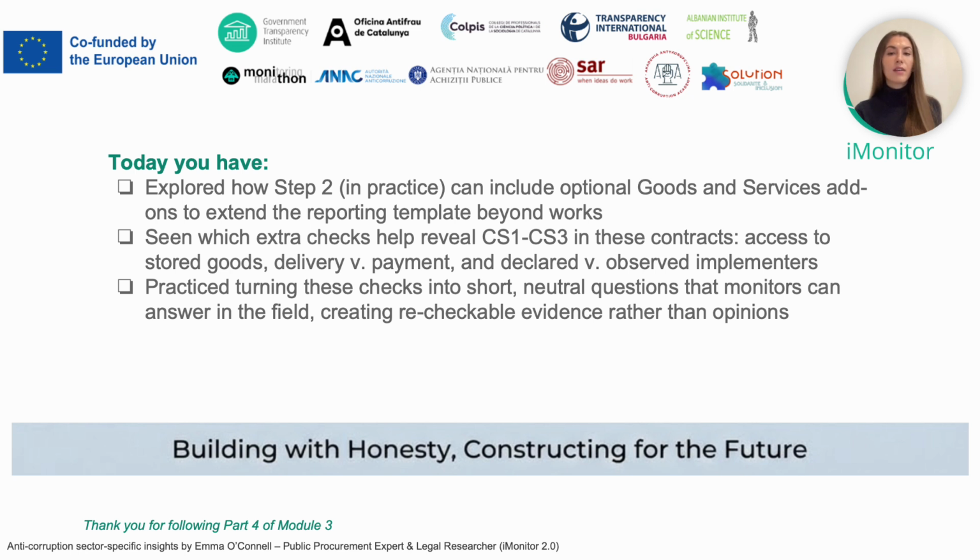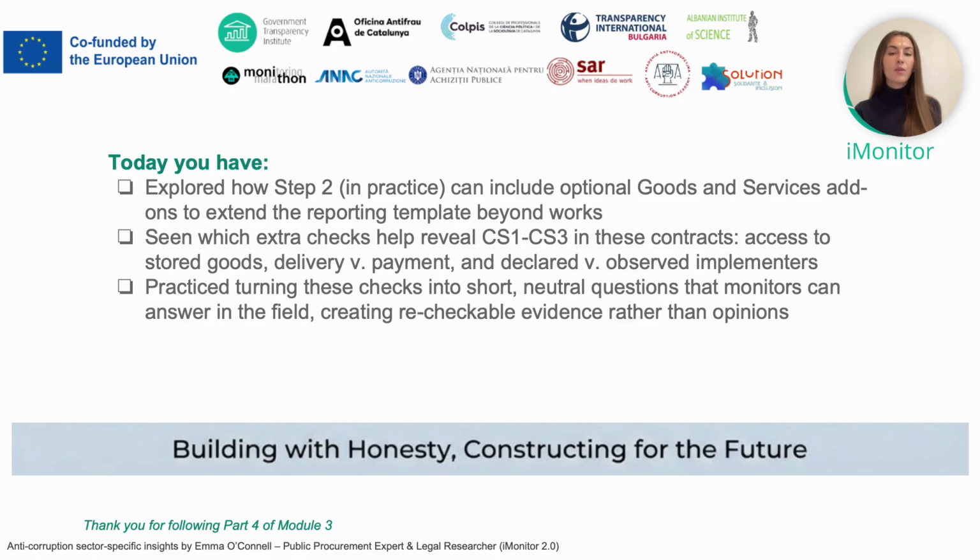Second, we moved on to delivery versus payment, classic Corruption Scheme 2 territory. So here we gave monitors concrete hooks to compare paper and reality for a few checked items. The add-ons asked, do the invoices and packing lists match the model, specification and quantity of what was actually received? Were any required conformity documents provided? And were serial or lot numbers recorded?